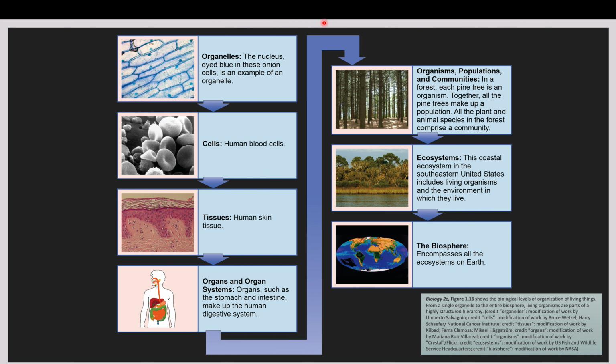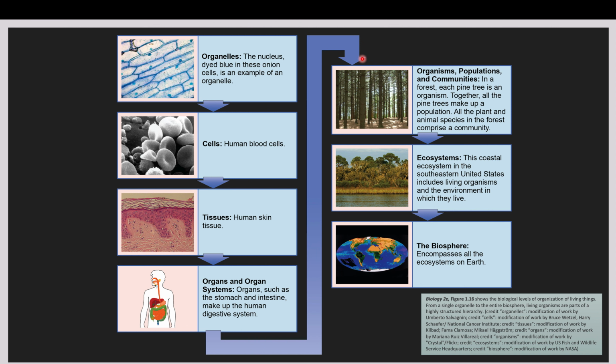Let's move then on to organisms, populations, and communities. In a forest, each pine tree is an individual organism. Together, those pine trees make up a population of pine trees, and all the plant and animal species in the forest together comprise a community.